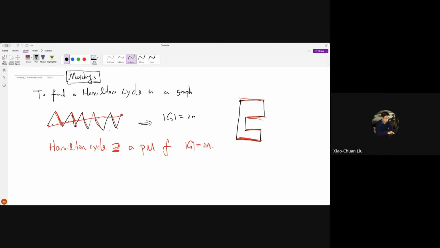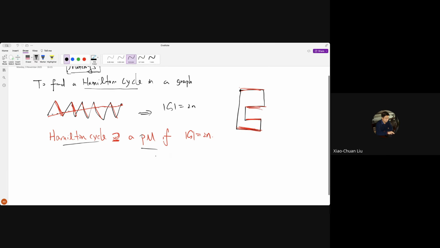So in many problems, people ask if some graph has a Hamilton cycle. They first try to look for a perfect matching. So it's a simpler task. Because a Hamilton cycle always contains a perfect matching. If you don't have a perfect matching, there's no way to contain a Hamilton cycle.